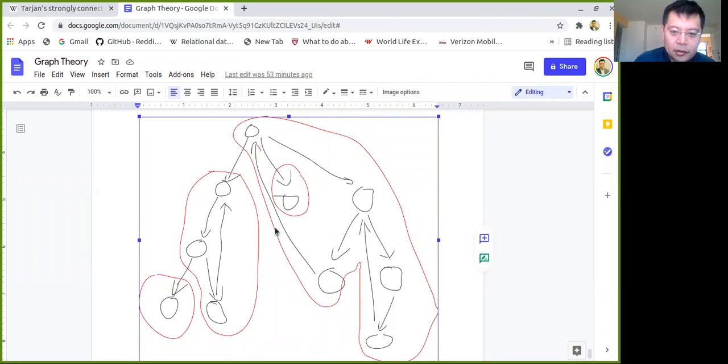So those SCCs' low values don't affect each other, because when the DFS finds an SCC, the whole SCC will pop out.